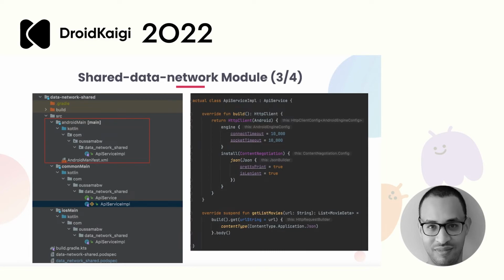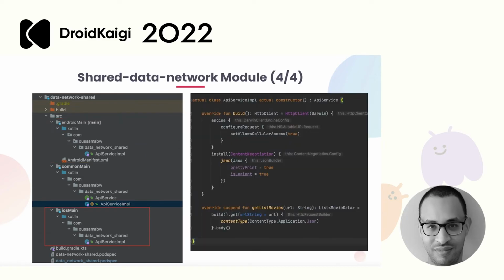Then we can go to the Android main package and specify the actual behavior that implements the Android HTTP client. And finally, in the iOS main, we define the iOS HTTP client provided by Darwin that will manage our networking on the iOS platform.